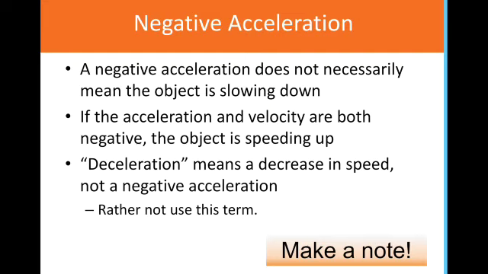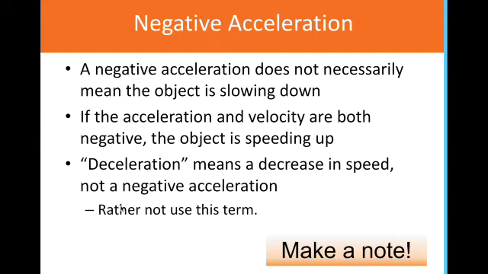So I would rather not talk about deceleration, which means a decrease in speed. A deceleration doesn't directly correlate to a negative acceleration. A negative acceleration would only cause a deceleration if the velocity is in the positive direction and the acceleration is in a negative direction.